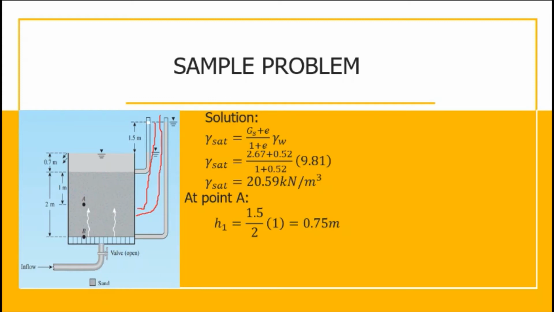And calculate the seepage at point A. So for the seepage, there is water here. For example, the difference between two water levels will be H sub 1, which is the seepage at point A.